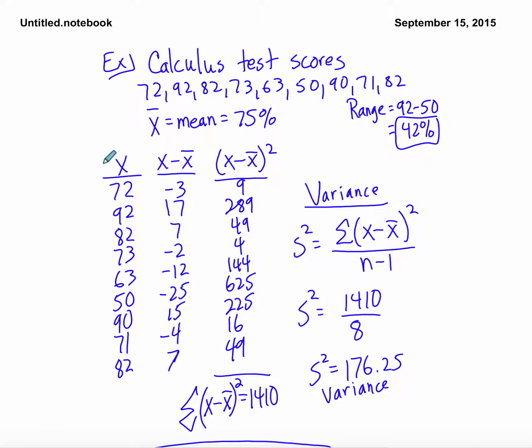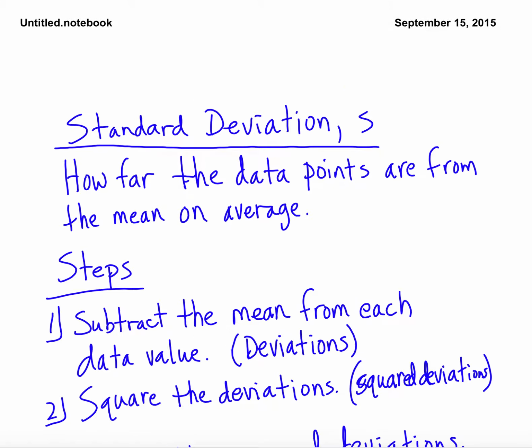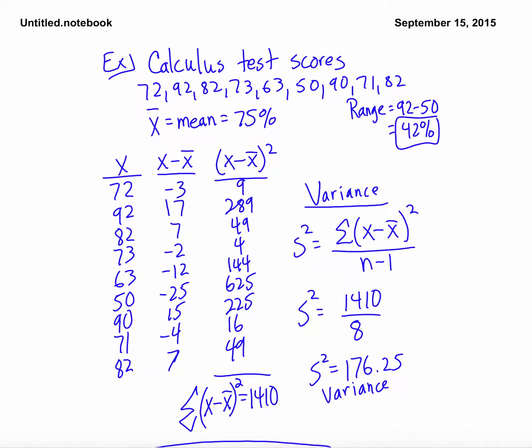The easiest way to do this is not to try to follow the formula directly, but to make a table. We'll put each of my data values, the x values, in the first column.